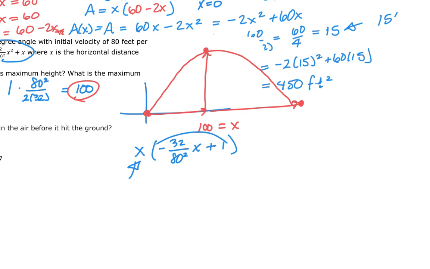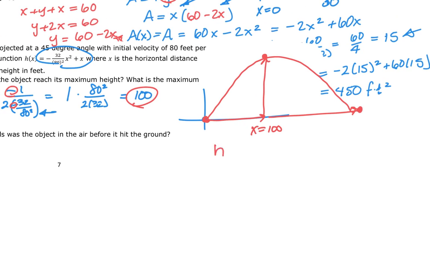It's asking me for the time it takes, and it also is asking me for my max height. So my max height, x is equal to 100. I'm going to go back to my function and put in the 100. So I have y equals negative 32 over 80 squared multiplied by 100 squared plus 100.